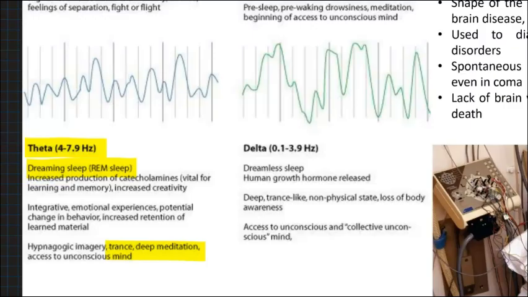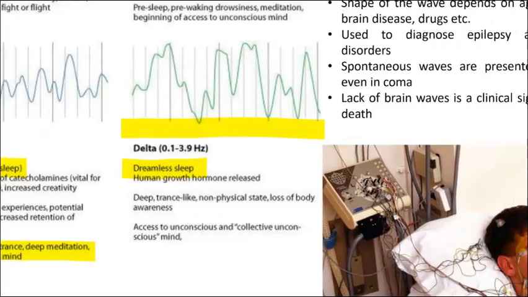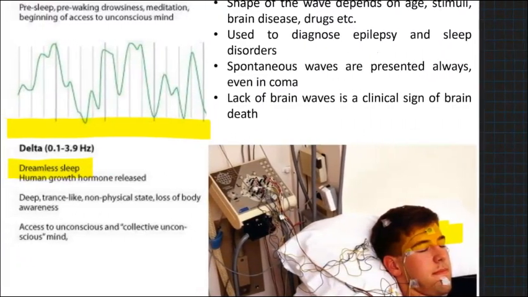Now, most of your night is spent in dreamless sleep, or so-called non-rapid eye movement. It is characterized by delta waves, which have even lower frequency and a very much varied amplitude. Now, why do we care?